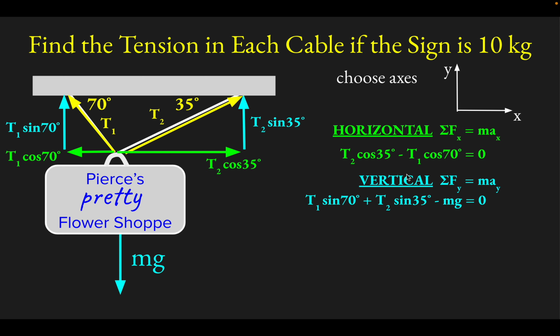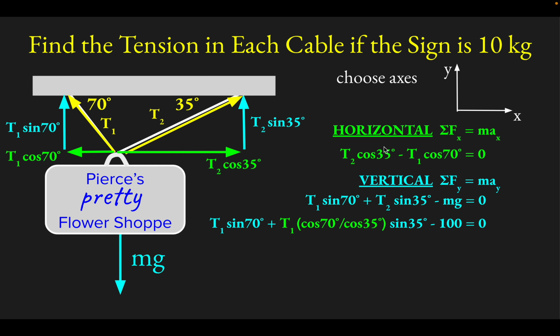There are a few strategies for doing this. What I chose to do was to solve the top equation for T2 and plug it in for T2. If I took the top equation and moved T1 cos 70 to the right and then divided by cos 35, T2 would be T1 cos 70 divided by cos 35.